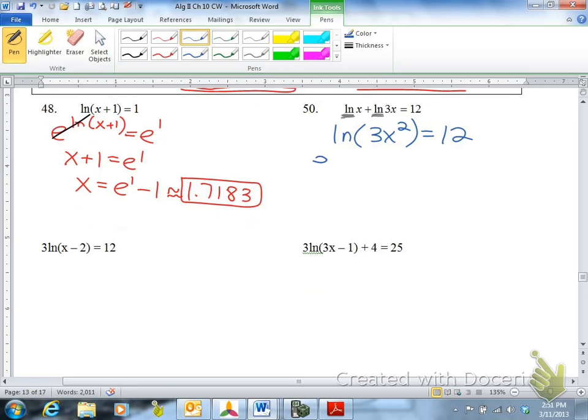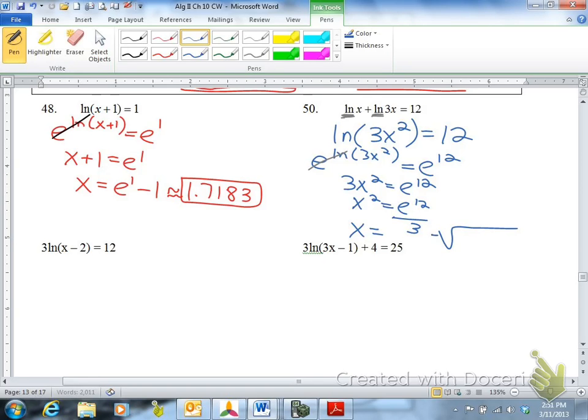So you have e to the ln 3x squared equals e to the 12. So e is your base, and the rest are exponents. And the e and the ln cancel. You have 3x squared equals e to the 12. Divide by 3. And then take the square root of both sides. So plus or minus the square root of e to the 12 over 3.